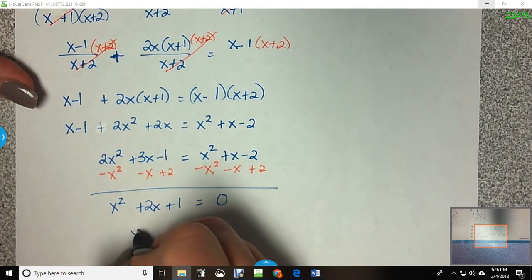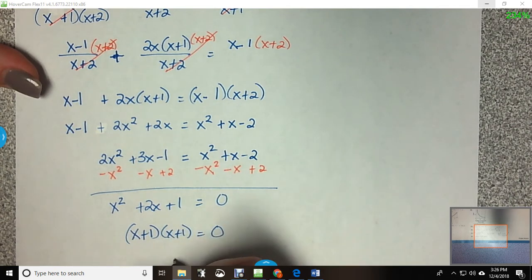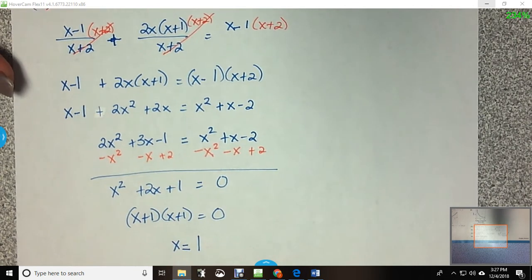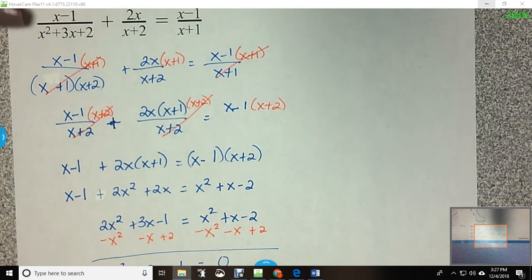All right, I'm going to factor this because it factors pretty quick and easy. So I'm going to get x equals 1. But I didn't do my restrictions. Yeah, let's go back up here to the top. What are my restrictions, by the way?